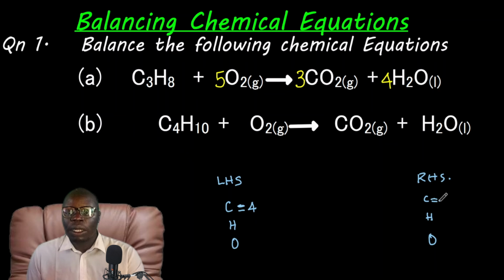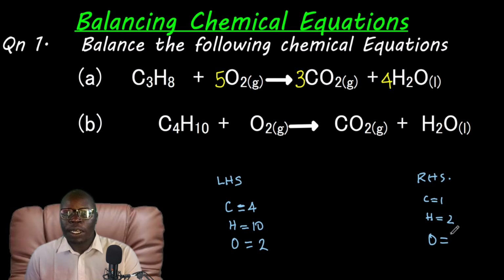And from the left hand side, the number of hydrogen is 10, and from this side, so for hydrogen here, there are only 2, and the number of oxygen atoms from the left hand side is only 2, and the number of oxygen atoms from the right hand side is 3.